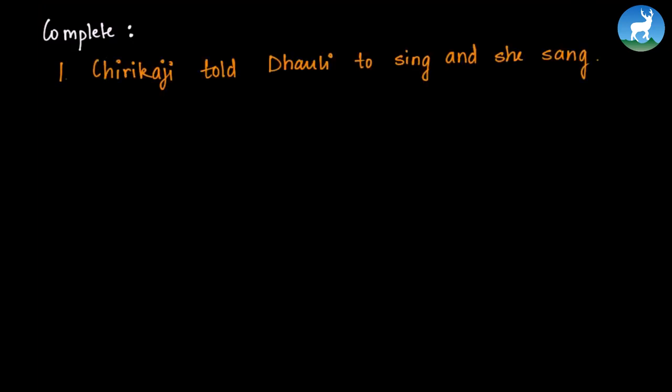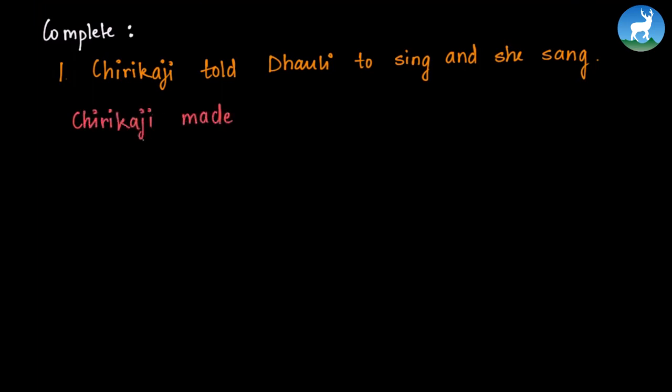Now let's do an exercise. We will complete the following sentences in such a way that they convey the same meaning as in the completed sentences. So the first question is, Chirikaji told Dhauli to sing and she sang.